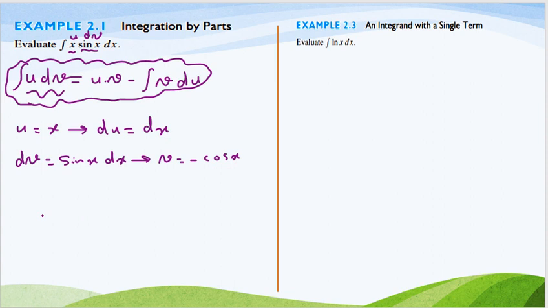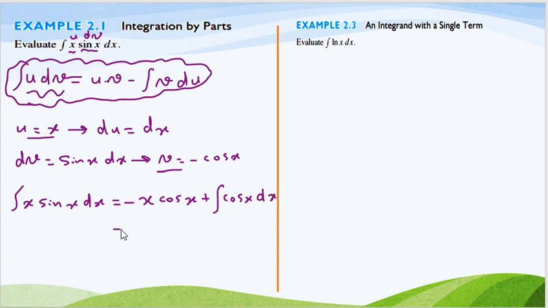Continue. I can substitute in the formula. Here the integral of x sine x dx equals u times v, where u is x and v is minus cosine x, so minus x cosine x. This is u times v. Minus the integral of v du, which is minus minus positive cosine x dx.